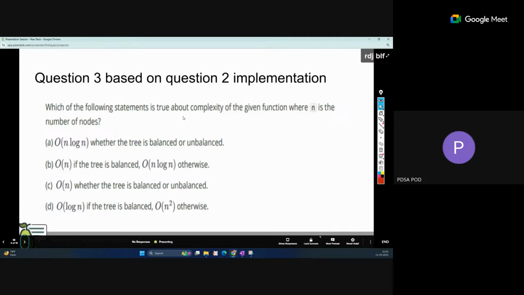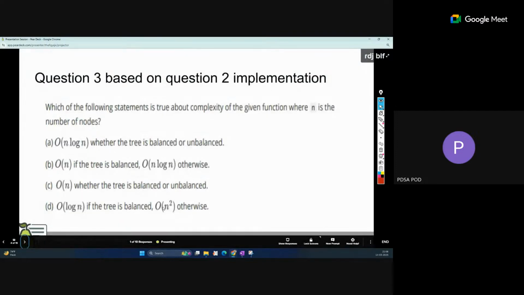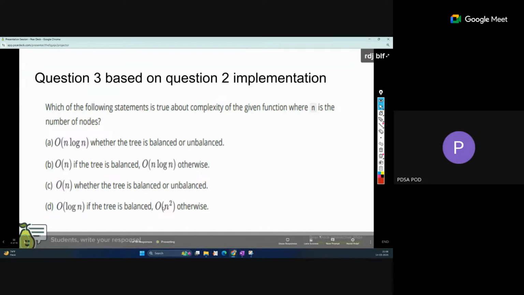Which of the following statements is true about the complexity of a given function where n is the number of nodes? This depends on the previous question. Okay, so it is asking about the traversal complexity.